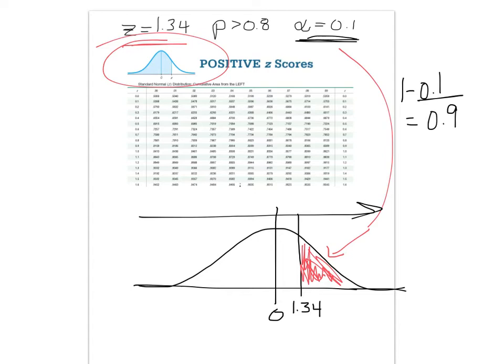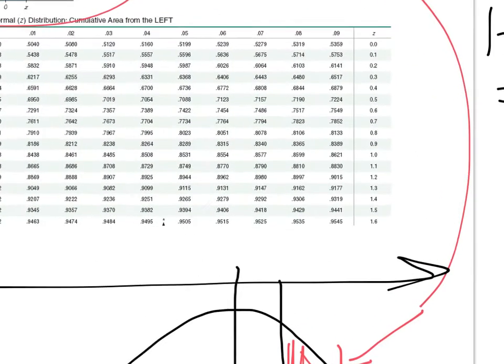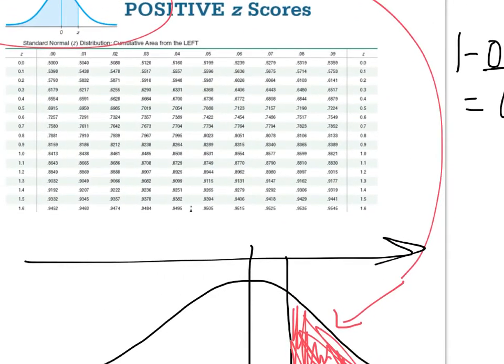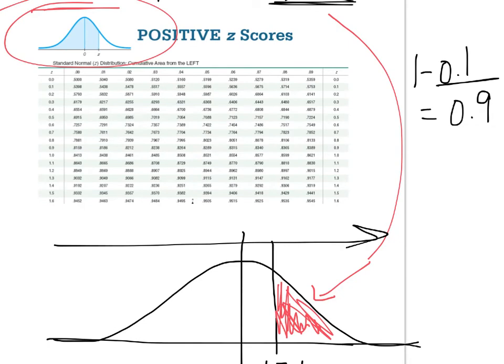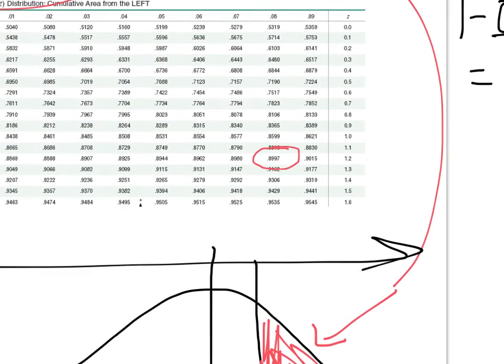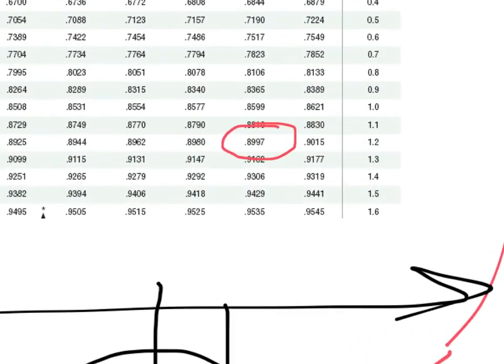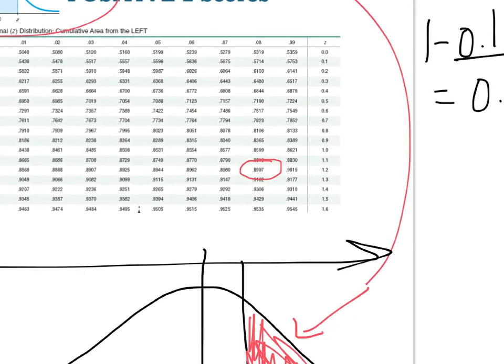So if I look in the table for the value that is closest to 0.9, what I find is the closest value looks like 0.8997, which I then read the Z value would be 1.28.